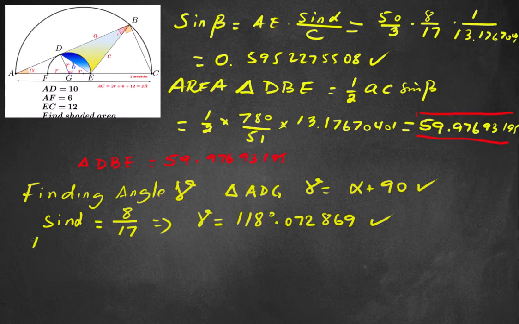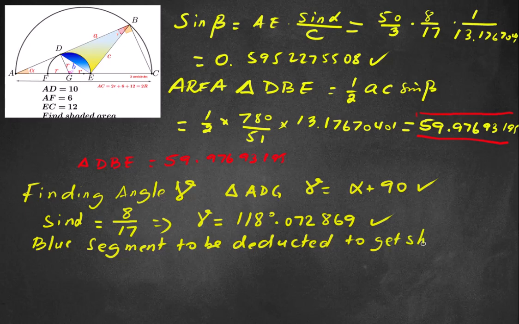Okay, and once we have gamma, you can calculate the segment here. The segment must be deducted from the area of the triangle we found earlier, DB.